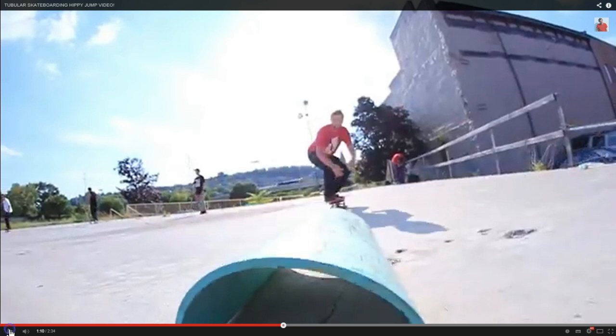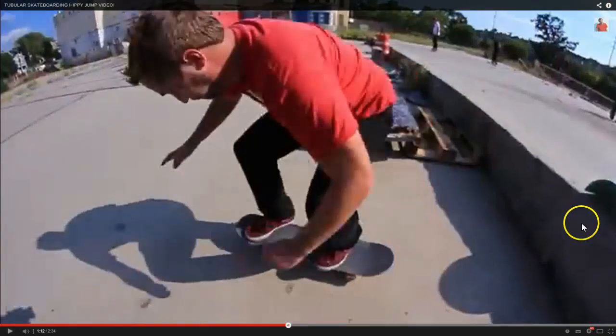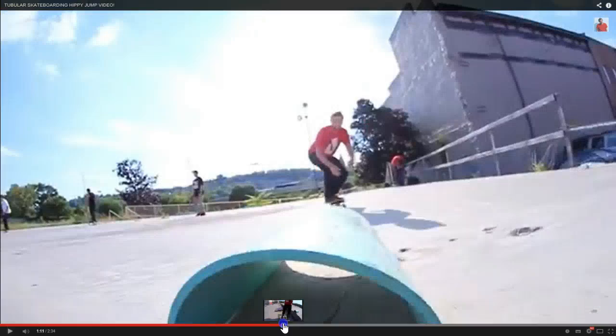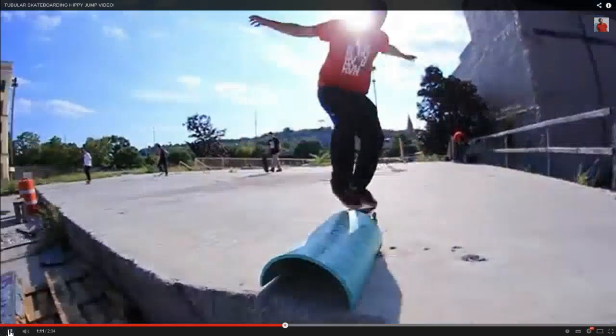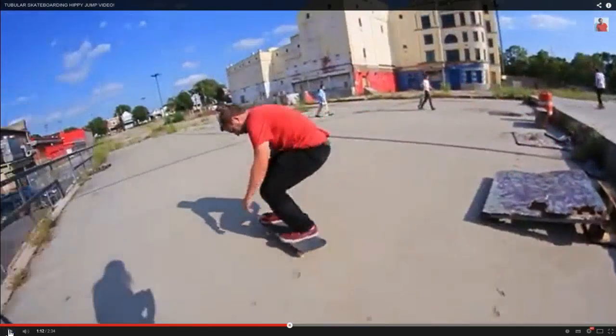Have a look. When he jumps and returns to exactly the same position on the skateboard, it's because according to Newton's first law, there's no horizontal force pushing on him. He will travel at the same speed as the skateboard. Let's have a look at this again.